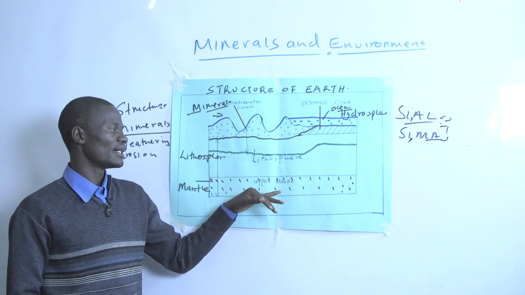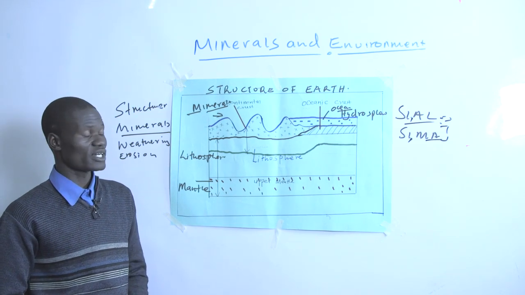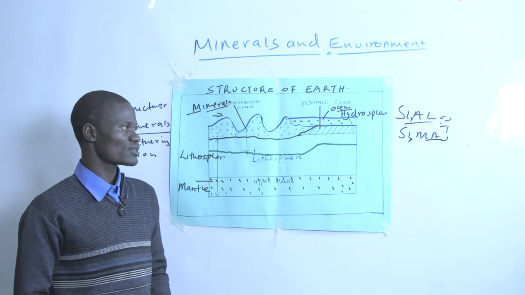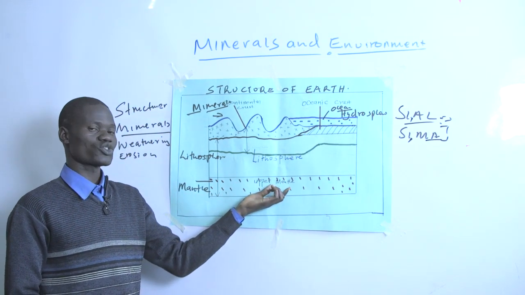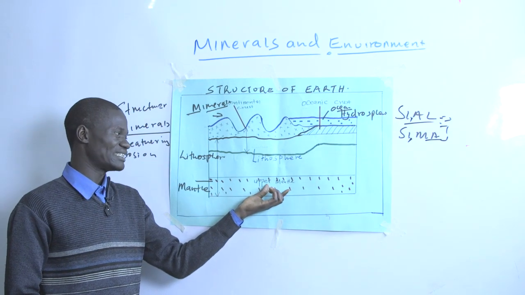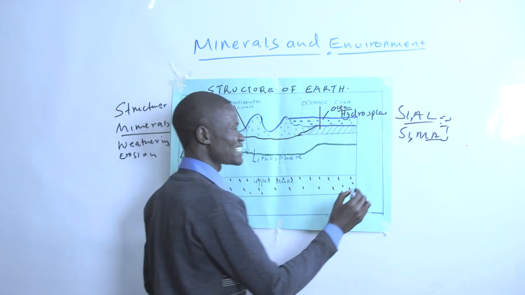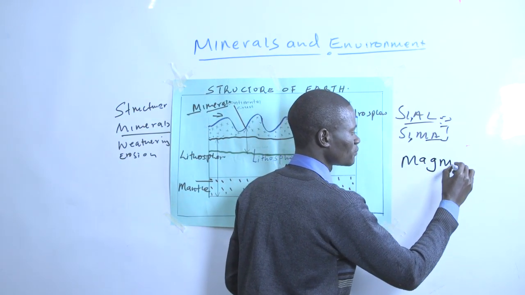We learned that the temperature ranges between 3,000 to 5,000 degrees centigrade, which makes those rocks melt, and as they melt, they become molten. We refer to them as magma.